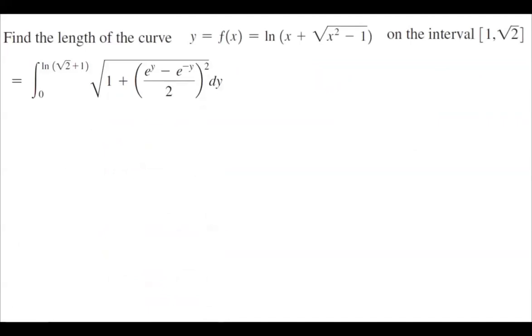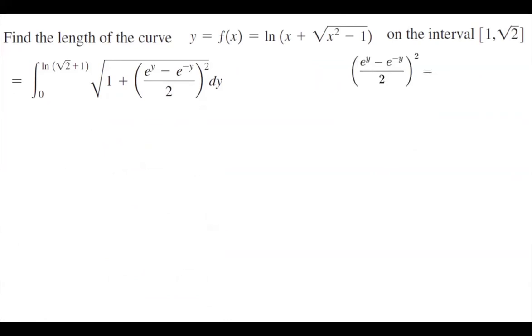So far, we saw that the definite integral is from 0 to ln of (square root of 2 plus 1), and you have the square root of 1 plus ((e to power y minus e to power negative y) divided by 2) to the second. Then you take the integral with respect to y.